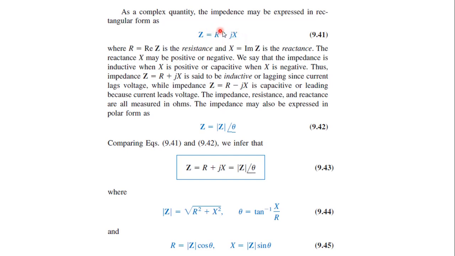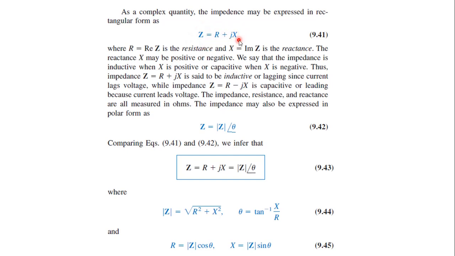Okay, so R is the real part of Z, which is called resistance, and X is the imaginary part of Z, which is called reactance. Here we have discussed three terms: impedance, resistance and reactance.